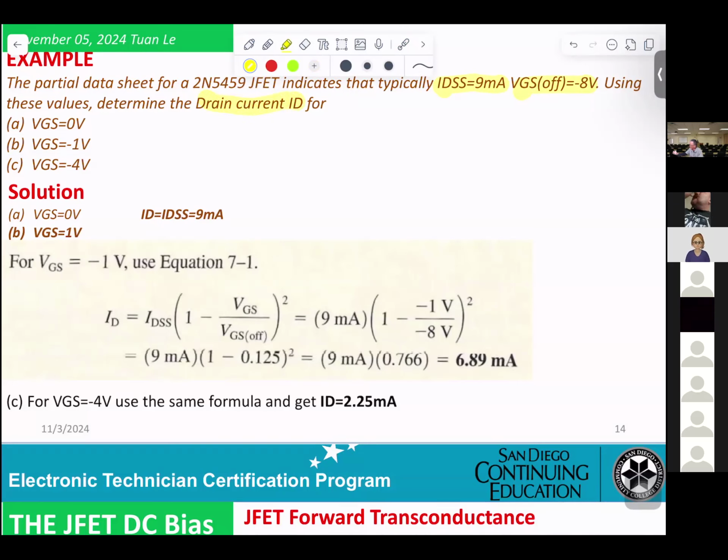They want you to calculate the ID for VGS equals 0, VGS equals -1, and VGS equals -4. So you just quickly go through that and tell me, can you understand for number A, number B, and number C?